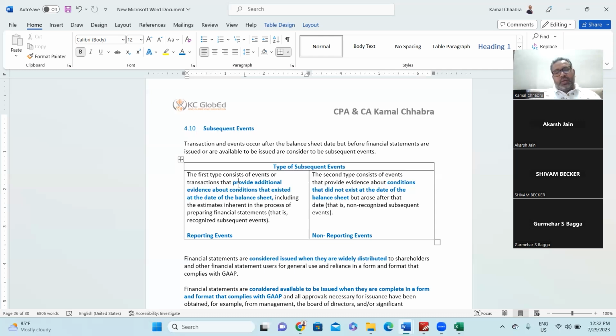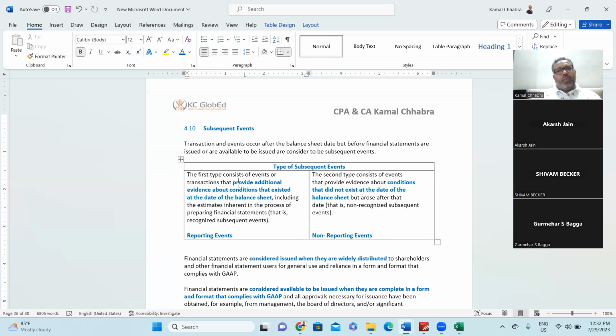Will you report that debt as a bad debt or not? The answer is yes, so it is a reporting event. What is a reporting event? It means the conditions or base items were existing before the balance sheet date, and later you got subsequent information that impacts items already existing on the balance sheet date.